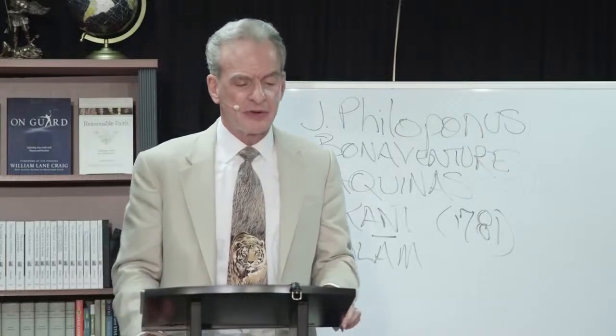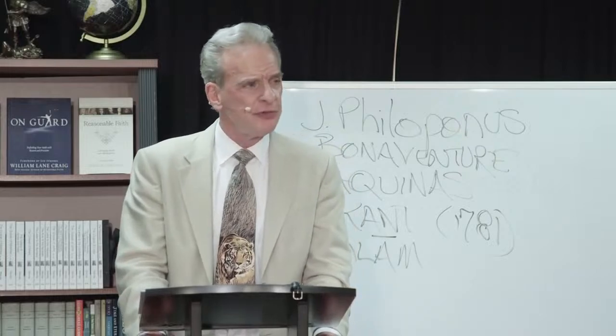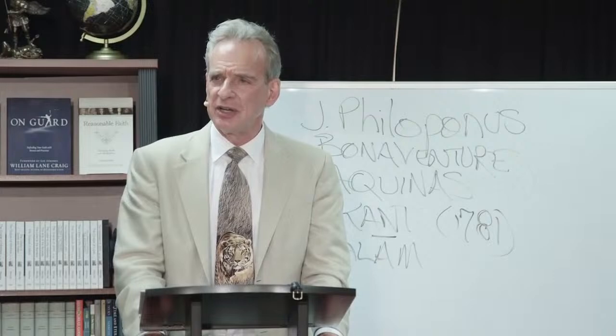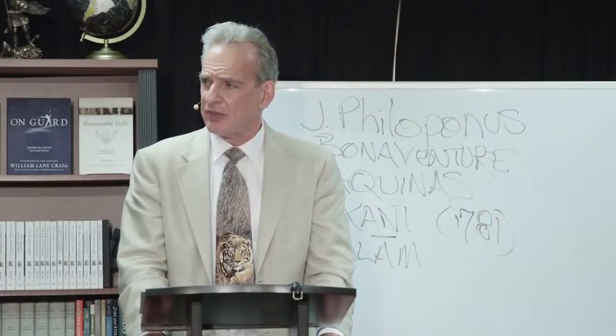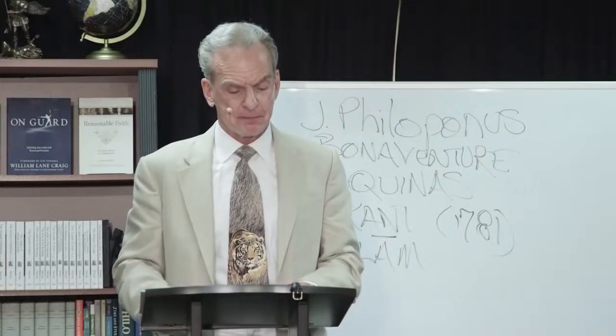Since we've already covered these, I don't want to go into them in detail now. I'll just review them very briefly and refer you to our discussion at reasonablefaith.org in the Defender's class on the Excursus on Natural Theology, where we talk about arguments for God's existence.